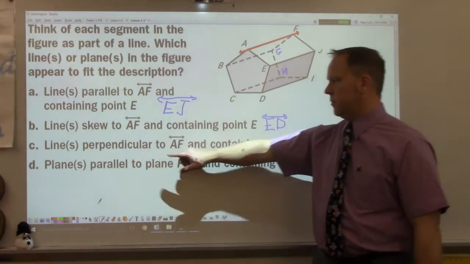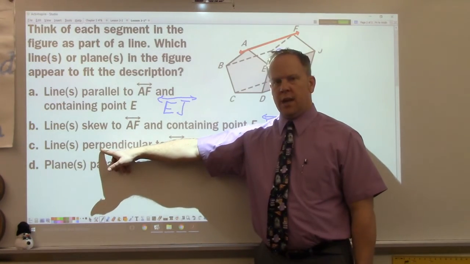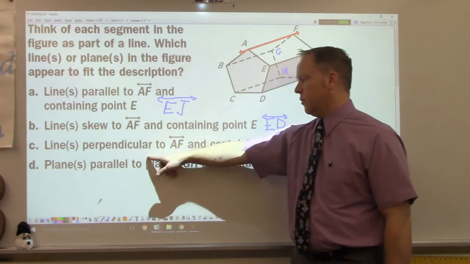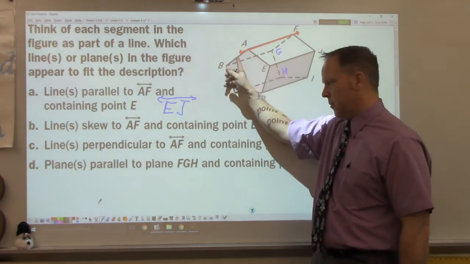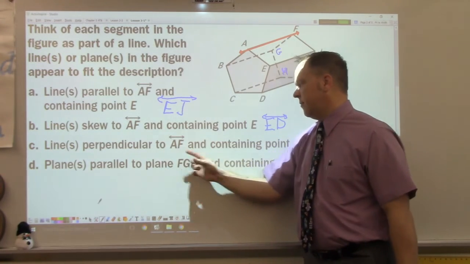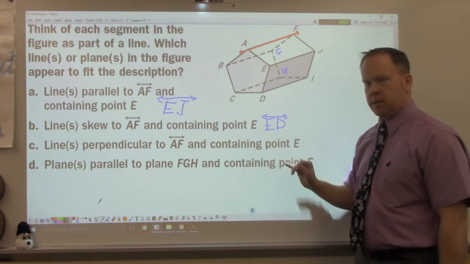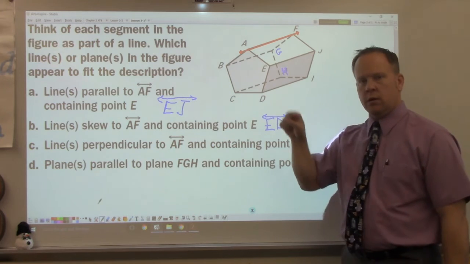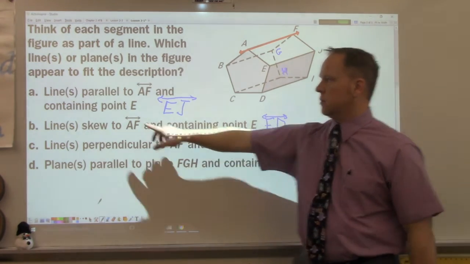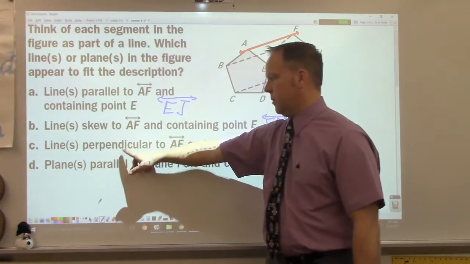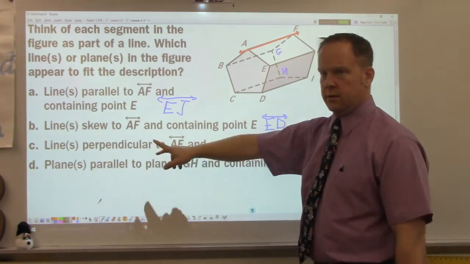Continue on now. Letter C wants line or lines perpendicular to AF. So still dealing with the red line I highlighted up top. Perpendicular to line AF and contains point E. Now, some of you are probably thinking, Mr. Binder, there's no 90-degree angle marks. They want to know which ones appear to be perpendicular. So they're not going to draw the boxes.